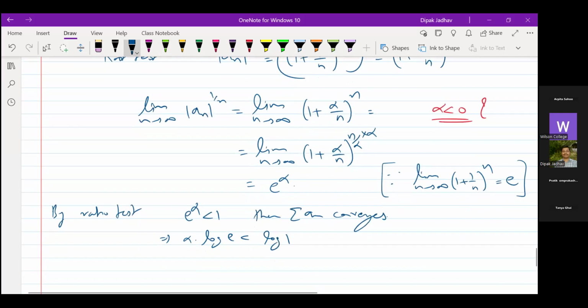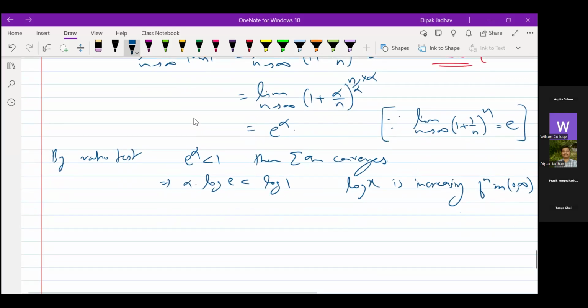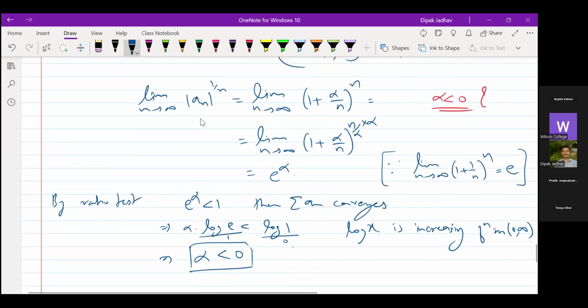When you take log on both sides, you are using the property that log x is an increasing function on its domain. What is the domain of log x? The open interval 0 to infinity. So that implies alpha is less than 0, because log e is 1 and log 1 is 0. Very good. So we got the condition for which values of alpha the series converges: alpha less than 0.